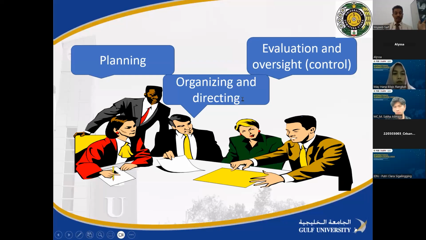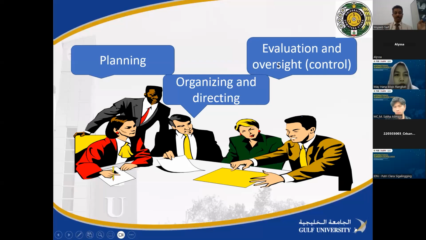If you are a manager in an organization, you should be familiar with and have experience in all this: planning, organizing, directing the organization's activities, evaluating and overseeing the activity, and controlling the activity.